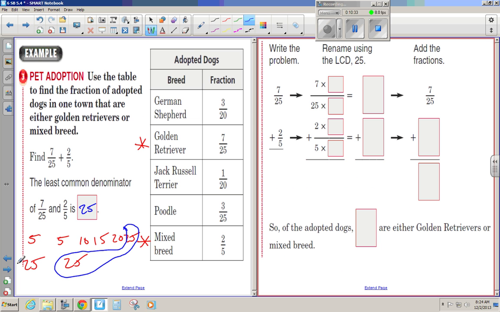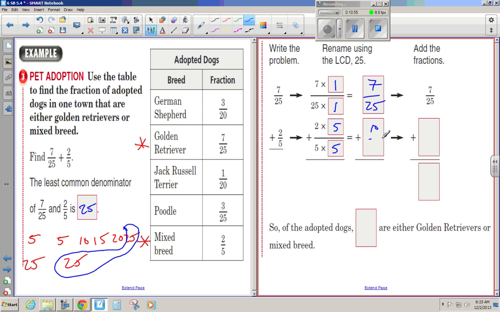So now I know what the least common denominator is. I now have to realize that to get to 25, 25 times 1, 5 times 5. So you're going to be multiplying each part of the fraction by the same number. That makes 7 25ths.